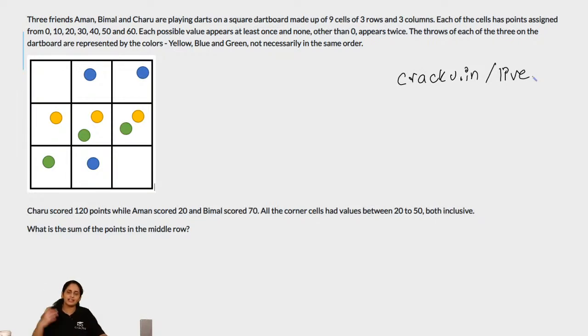Because of that, it is important that you have a strategy, a plan of action in place, and you should know how to exactly represent information and how to solve in each different case. So this is the first question.